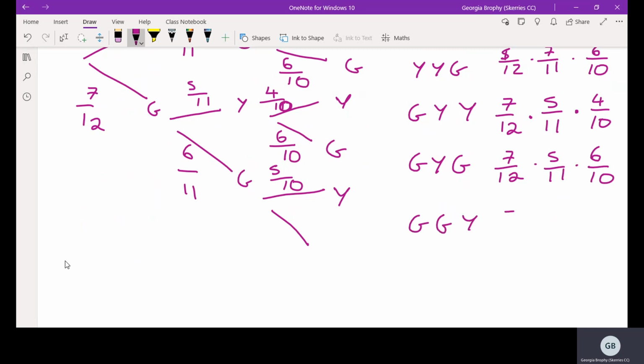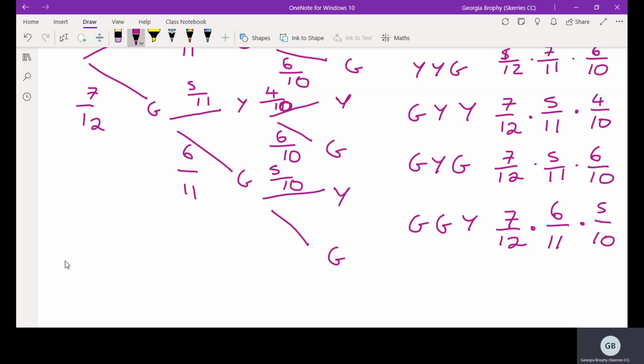Our probabilities then, 7 over 12 multiplied by 6 over 11 multiplied by, now if we went for a yellow, we still have all our yellows, but it's 5 over 10. Our other option was that we said green, green, followed by green. So how many greens do we have left?